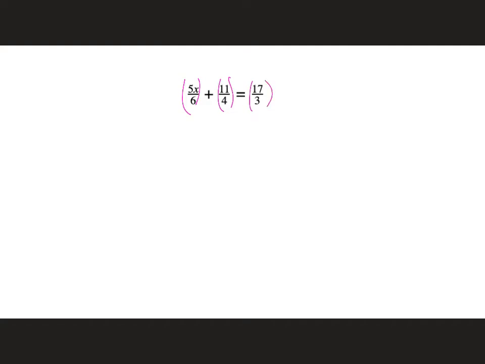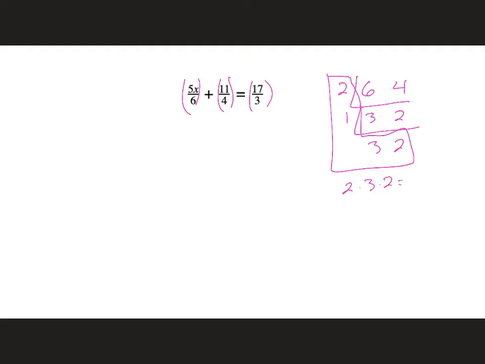All right, so I have 6, 4, and 3. So when I use 6 and 4, I'm going to find my LCM of that. So I'm going to take out a 2, comes a 3 and a 2, 1, and I'm done. So I have 2 times 3 times 2, which is going to give me 12.